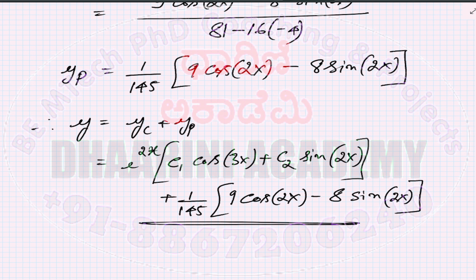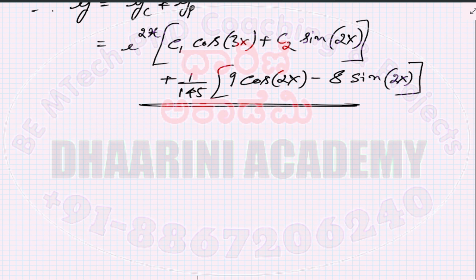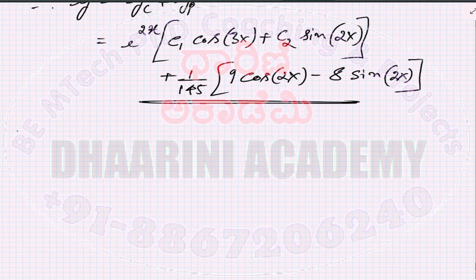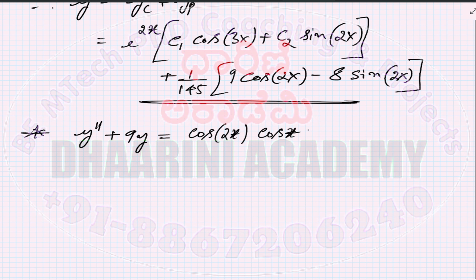All right. The next question is this. Question number 2 is y double dash plus 9y is equal to cos 2x into cos x.